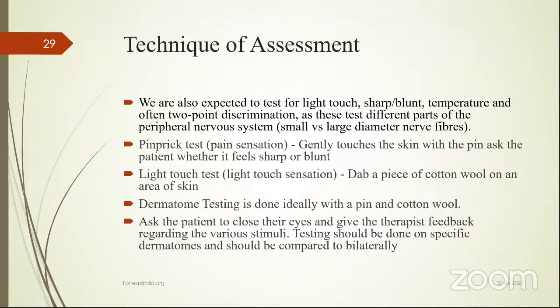If they answer, then for that dermatome there is no problem. If the patient is unable to express, then you can go for detailed assessment of the dermatome. Then we have to go bilaterally, both the sides.